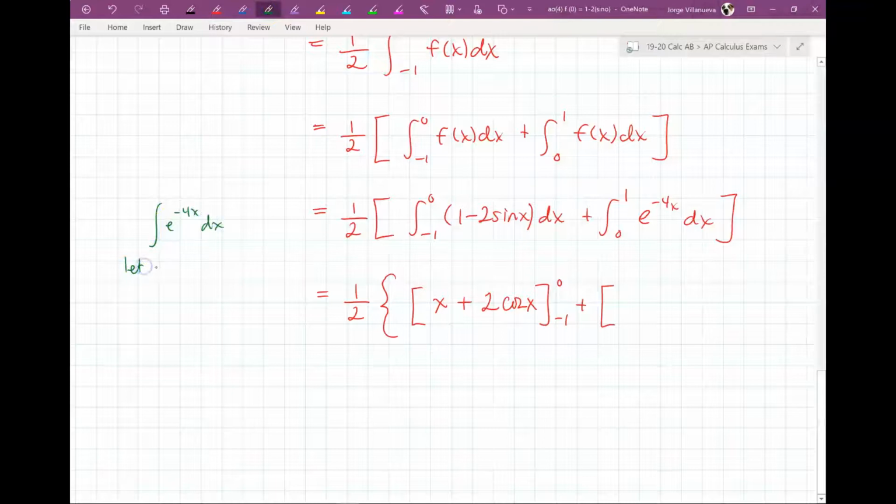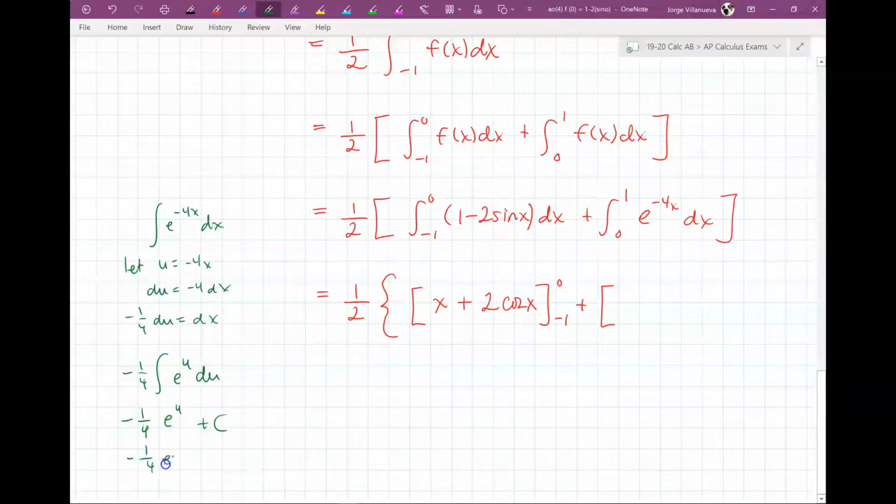Let u equal -4x, so du is -4 dx, so -1/4 du is dx. So this would be -1/4 integral of e to the u du, so -1/4 e to the u plus c, that's -1/4 e to the -4x plus c. That's without limits, but with limits it is going to change it around.